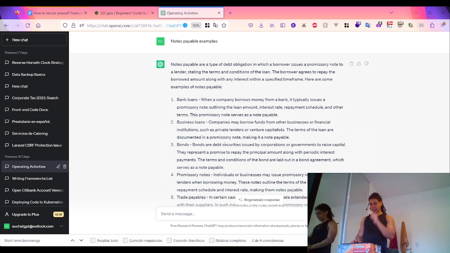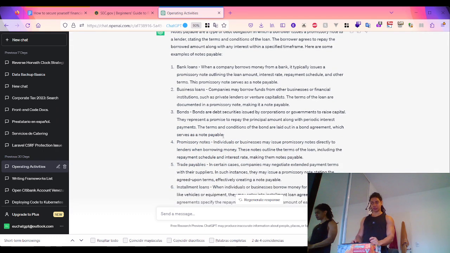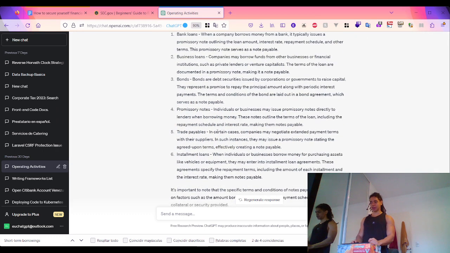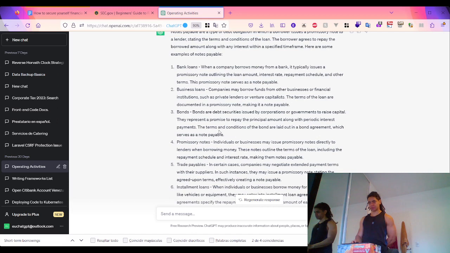Here you have bank loans, business loans, bonds, promissory notes, trade payables, installment loans. Bank loans typically use this promissory note, which outlines the loan amount, the interest rates, the repayment schedule, and other terms.